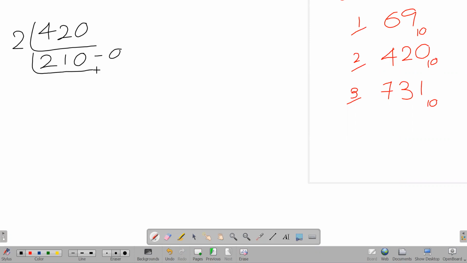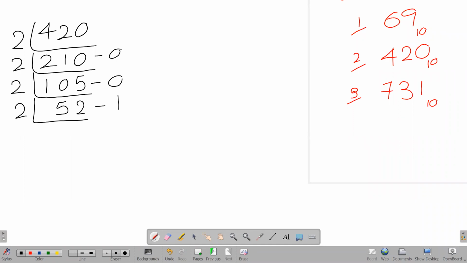Then 105, 0 is remaining. Then 52, 1 is remaining. Then 26, 0 is remaining.